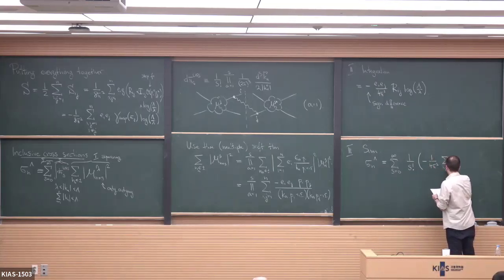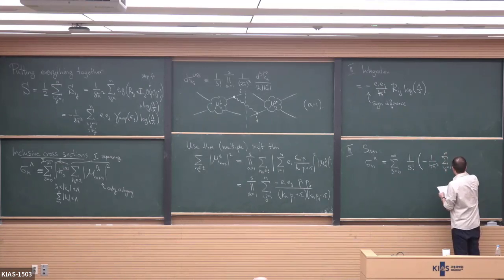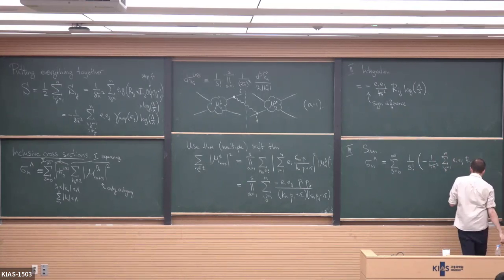Once again, I have to sum over all possible external states, i and j, and I get this.